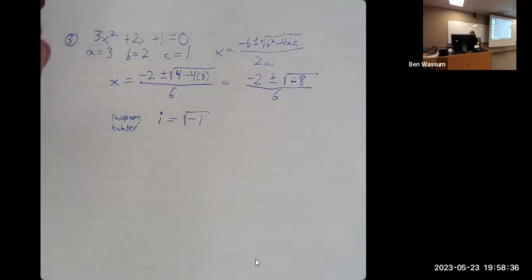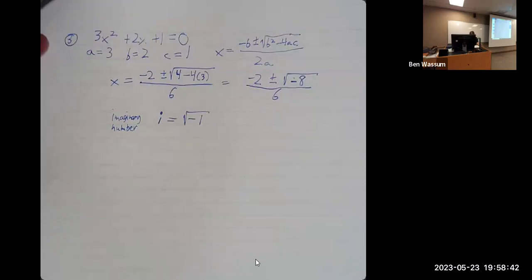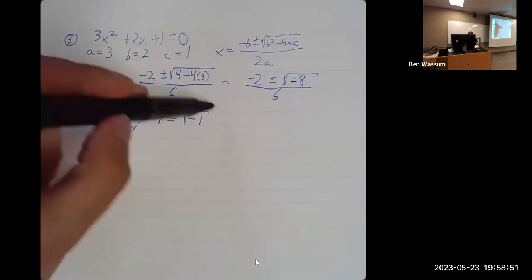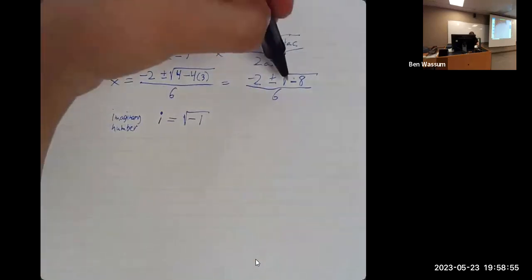Because what's squared is negative? Nothing. Negative times a negative is a positive. Positive times a positive is a positive. I can't multiply the same thing by itself and end up with a negative. So it ends up being an imaginary number, which does have its applications on paper, actually.